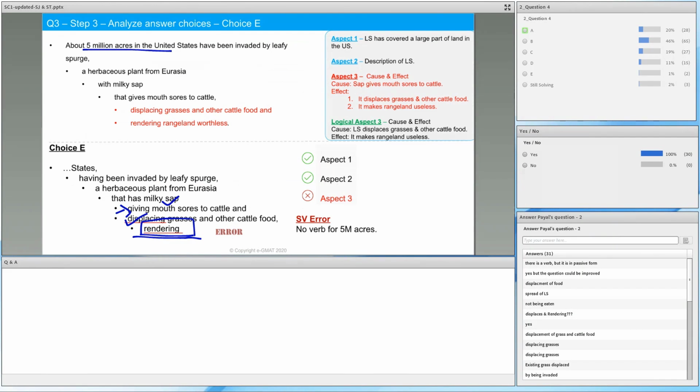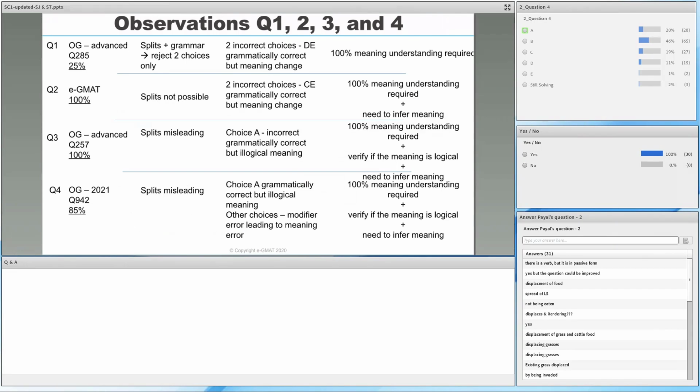So choice B, as we saw, was the correct answer for this question. Now, if I were to talk about quick observations from the last sentence that we saw, once again, just like our question 3, we looked at a sentence that was almost 85% underlined, totally grammatically correct, no issues with grammar whatsoever. But the issue was with the meaning.